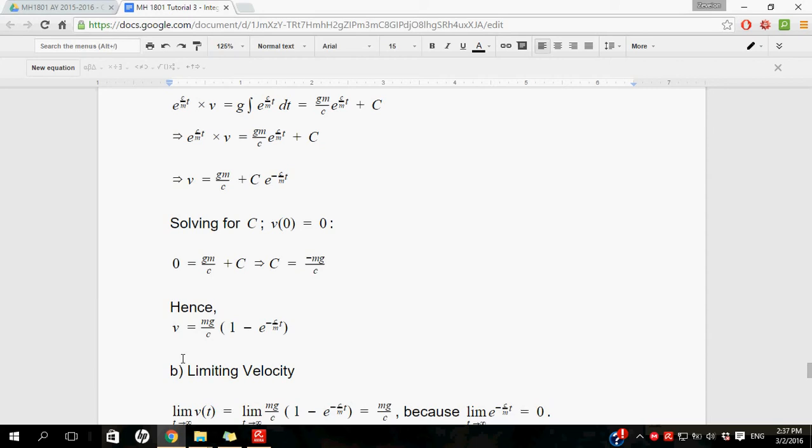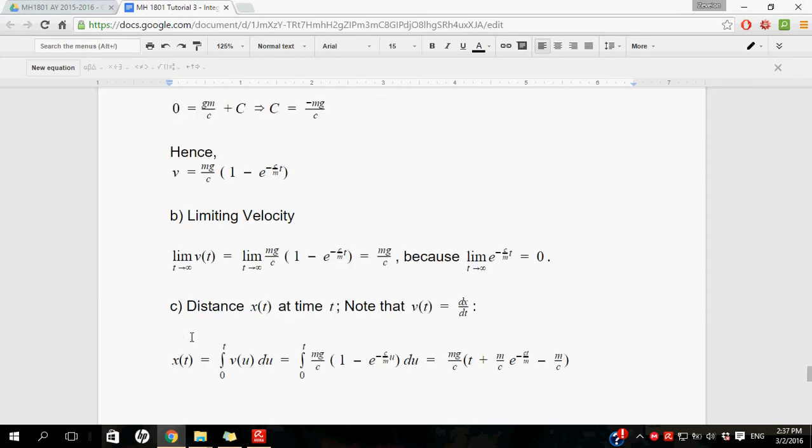Now with this formula, we can find the limiting velocity. We take the limit as t goes to infinity within this formula. But the only thing which depends on t is this exponential function, and as we take the limit as t goes to infinity, it tends to 0.